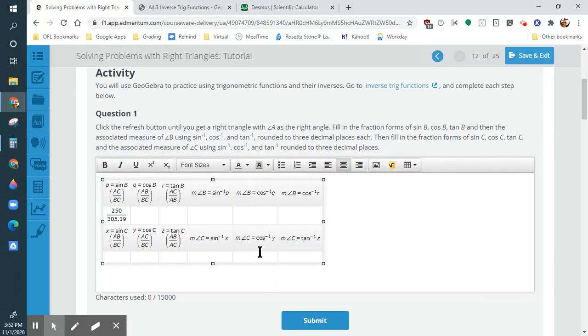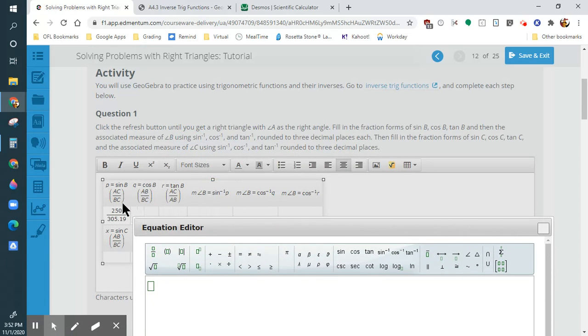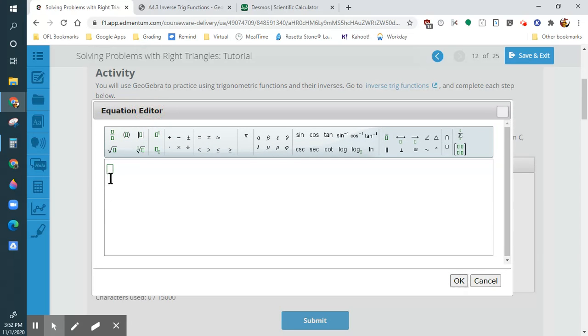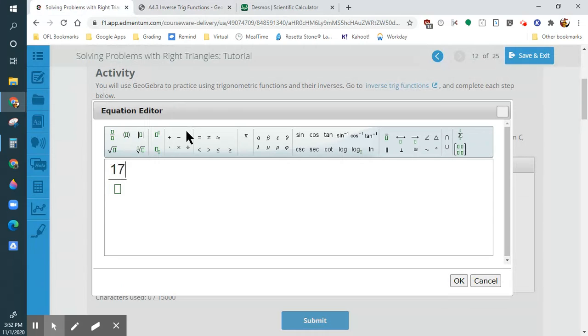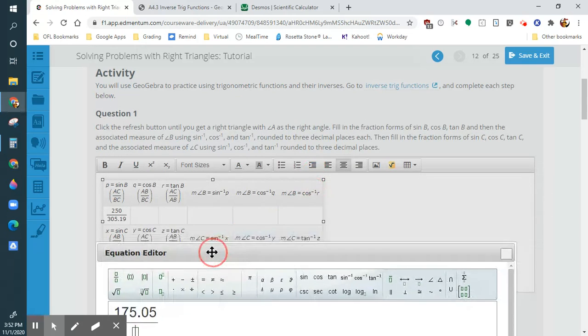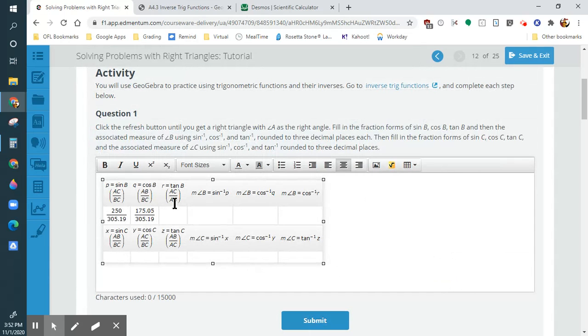Then we're going to do another fraction. Oh, I see what we're doing. Now we're going to do cosine of B. Cosine of B would be adjacent over hypotenuse, so 175.05 over 305.19. Then we're going to do tangent, so AC.